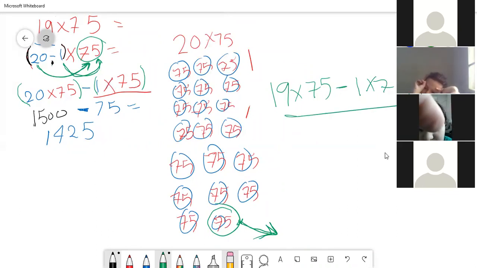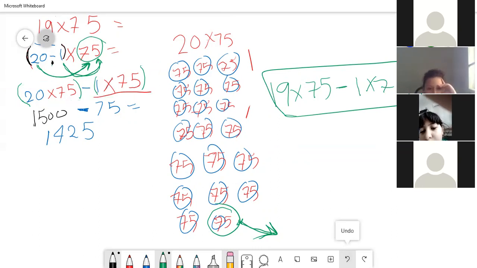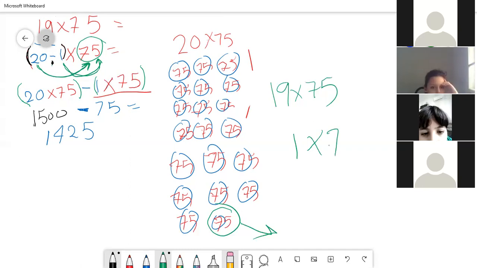Is this the same as this? Oh, sorry, no, not this. 19. Wait, that has to be 20. Okay, this is my 19 times 75, right? When you subtract, you have here 1 times 75, this one, and all the others are 19 times 75.